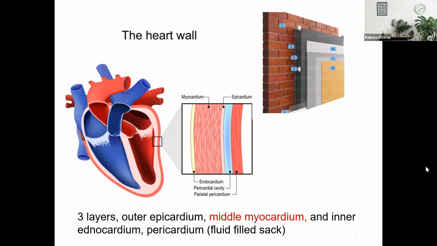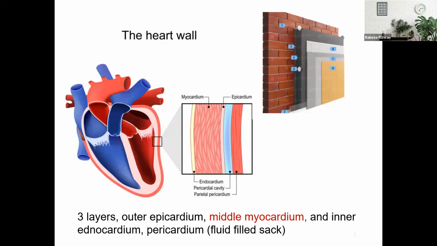Why do we say myocardium? Because it is composed of specific muscle cells. It is composed of muscles. So myo means muscles, epi means outer. And then the third, the innermost one, is called the endocardium. Endo means inner, and cardium refers to the cardiac layer.